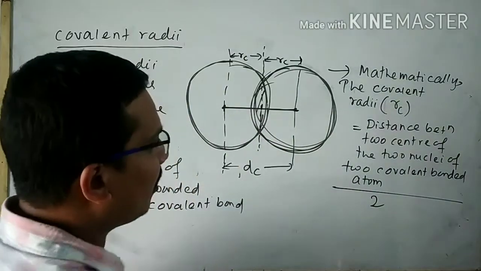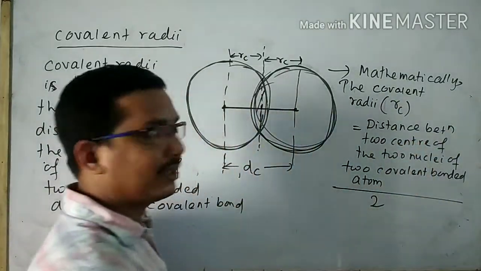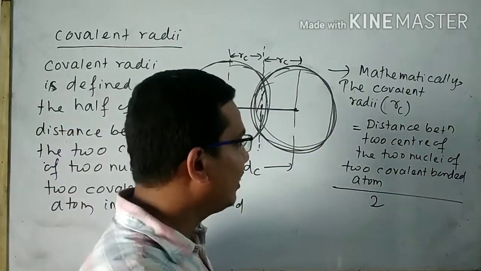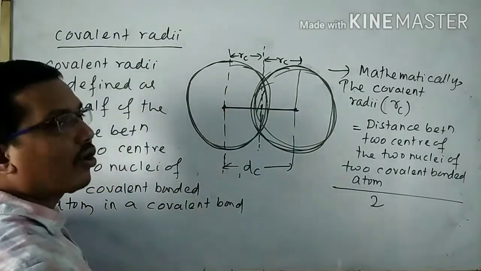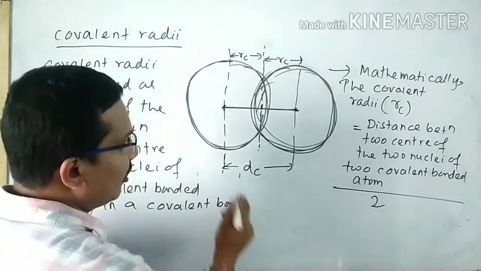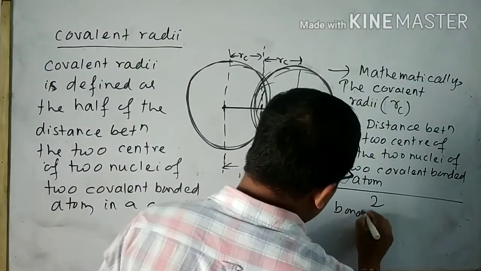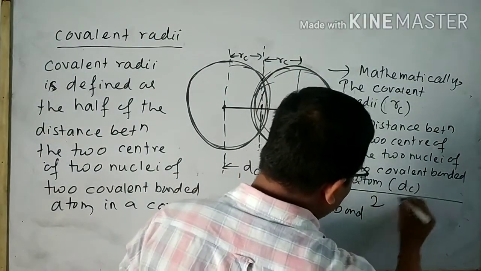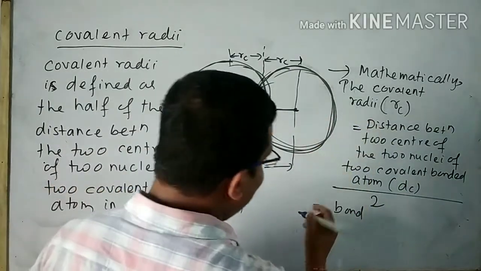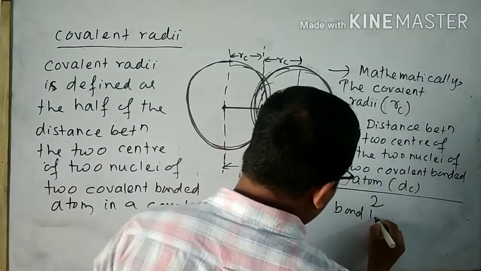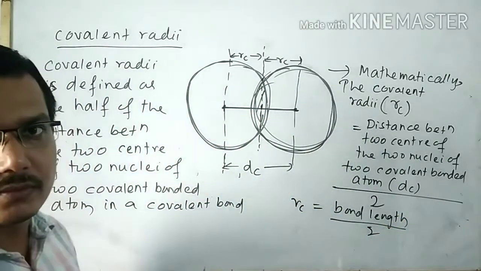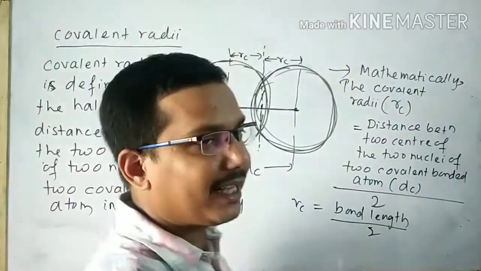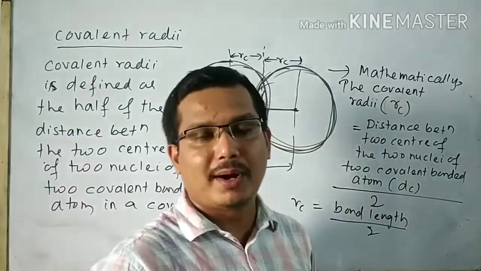That is, half of the distance between the two centers of the two nuclei of two covalently bonded atoms. That is called your bond length, taken as DC. So we can write covalent radii RC is equal to bond length divided by 2. This is your mathematical representation for covalent radii.